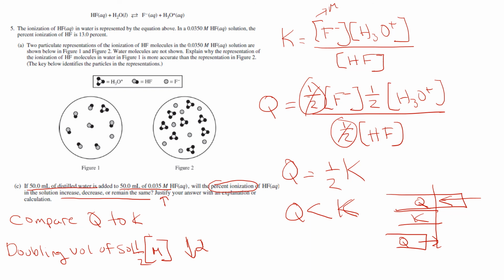Which means if I'm going in this direction, I am going to produce more product. And if I produce more product, my percent ionization is going to increase.